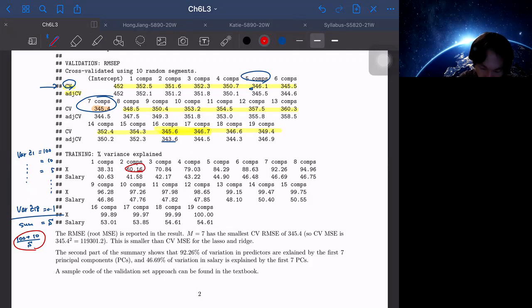So this number is here. And this one, the 41.58, in terms of percentage, I would say times 100. And for salary, this is the variation in salary.